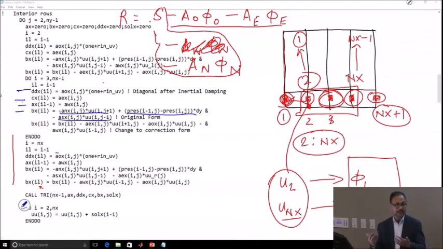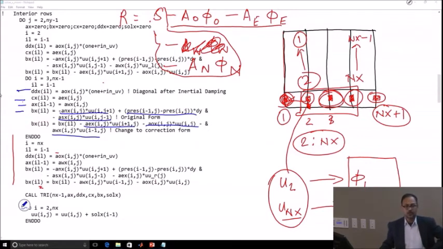That's the standard ADI form, okay, because now we are in an interior row. And then to convert it to correction form, I also took out the eastern, western, and the north, the 3 terms. So I already had south and north on the right-hand side. Now I've also taken out the east, west, and north, which means I've actually constructed the residual.